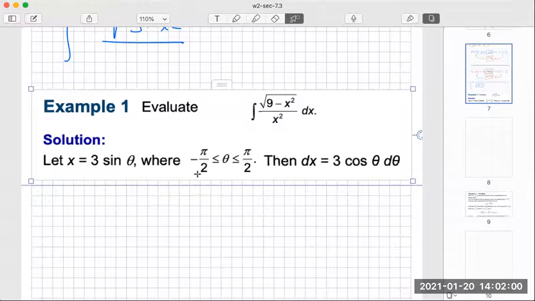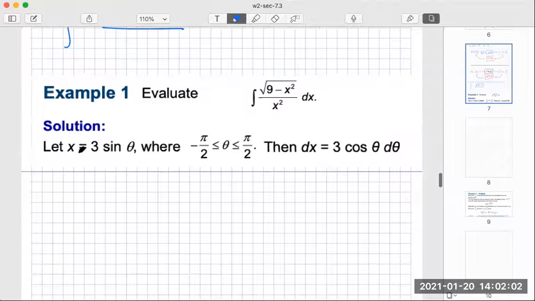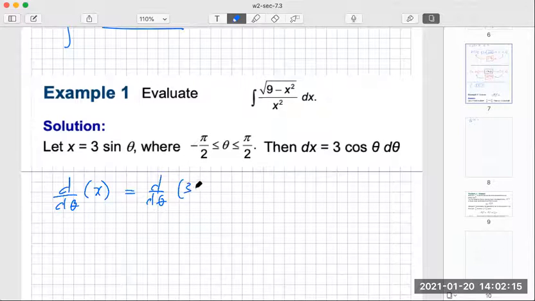Okay, between x and theta, we take the derivative of this, d over d theta of x. It will be the same as d over d theta of the right-hand side. Do you agree? And what do we have?